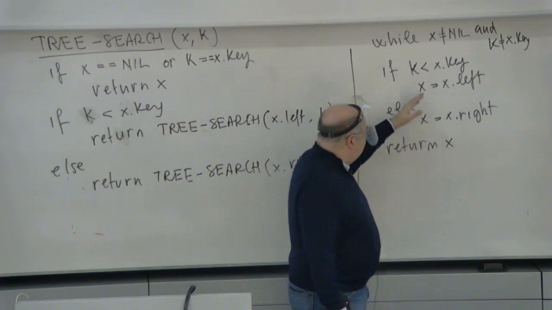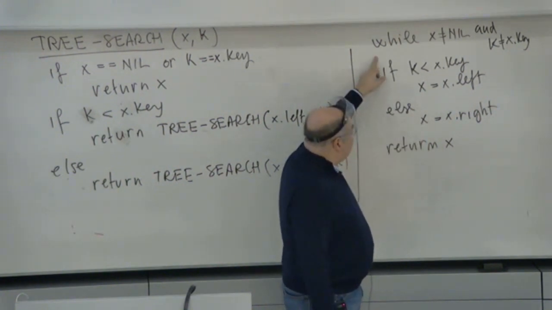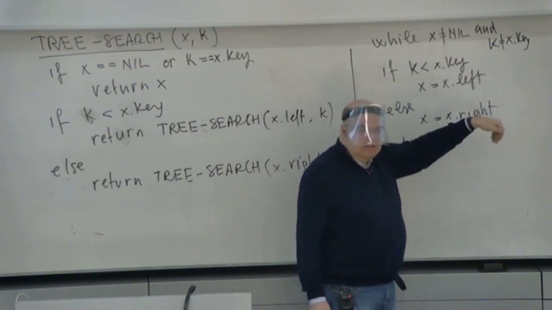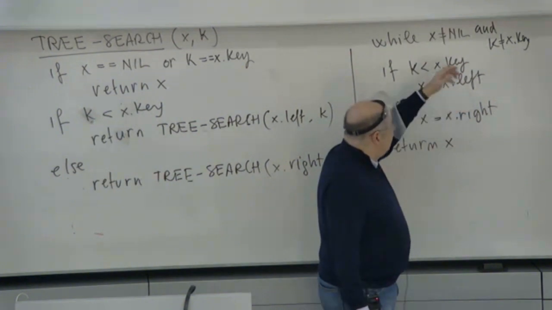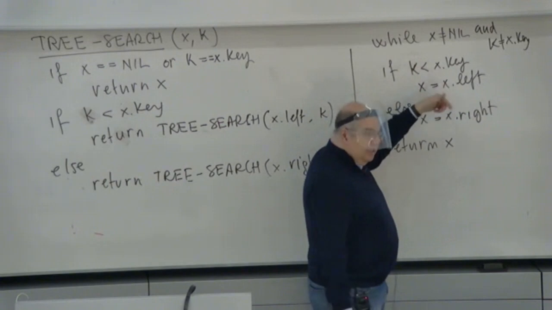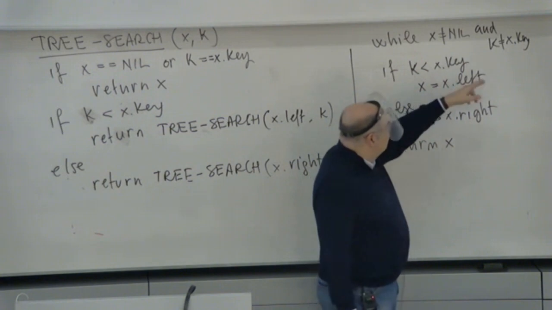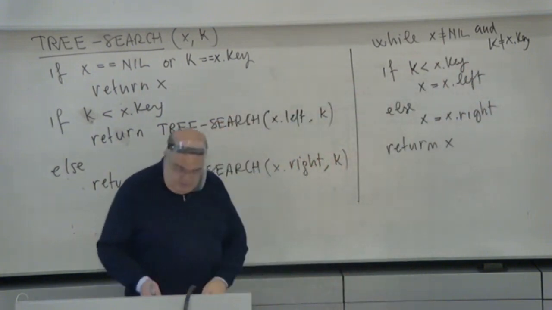And then in the end, you go back to the starting position. If you are at the end of the tree, say x left is nil, in which case you return nil, or you go down again, and at some point you return x, either with nil or where the key equals that, okay?